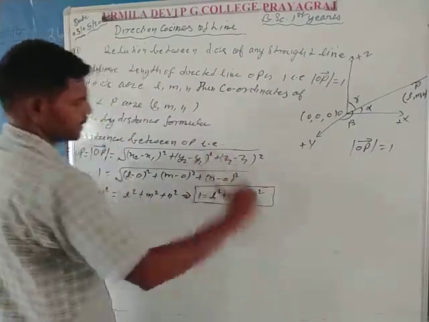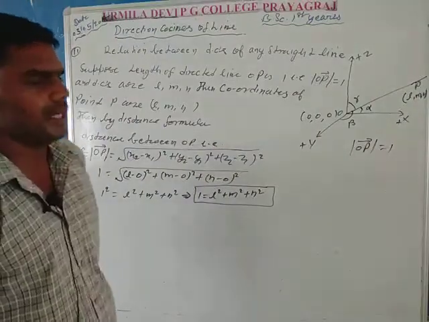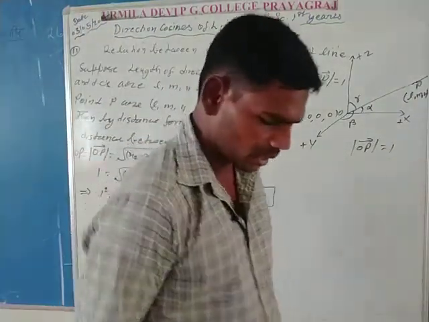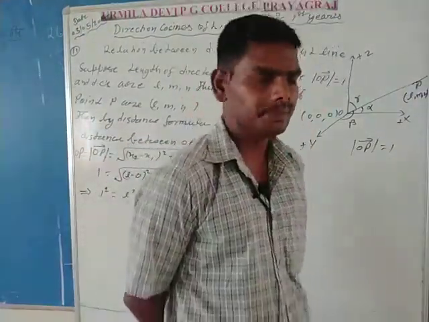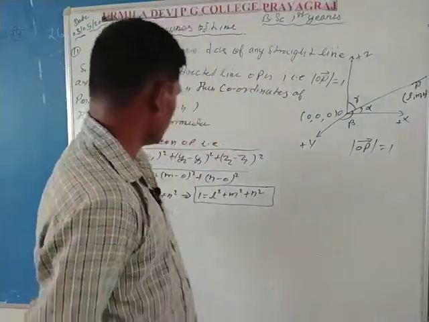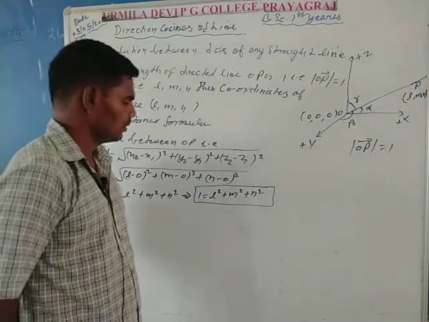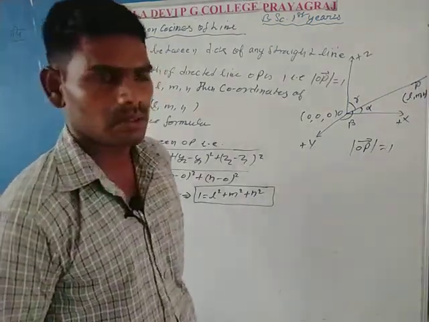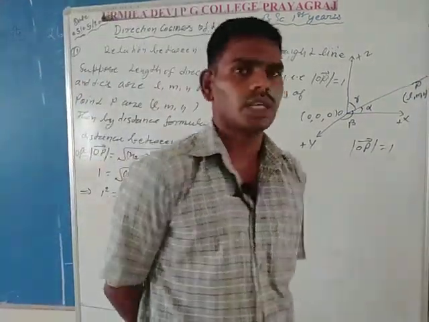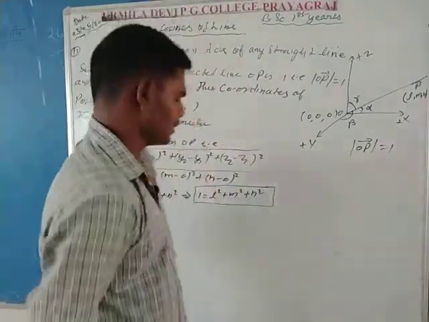This is the relation between the direction cosines of any straight line, vector or directed line. Here you can put the values of l, m, n. You know that l is equal to cos alpha, m is equal to cos beta and n is equal to cos gamma.